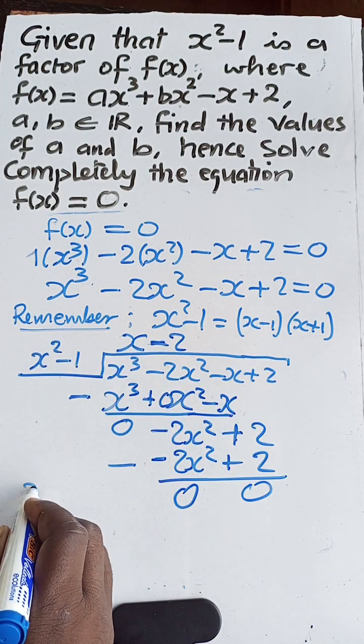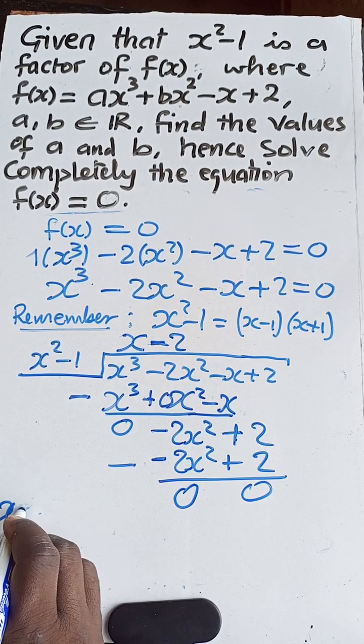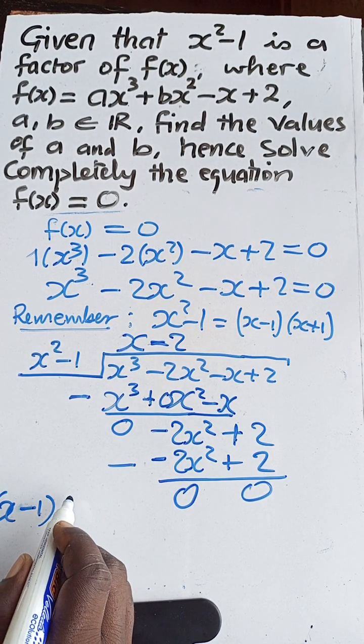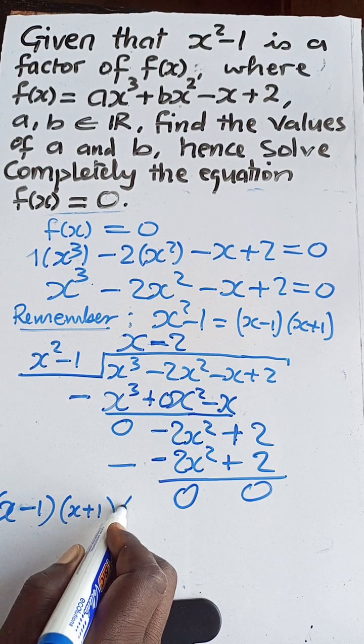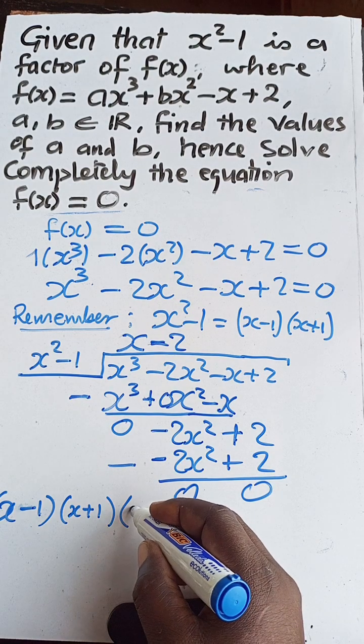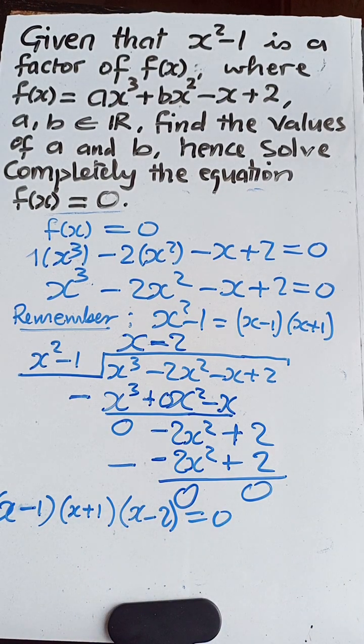So we're going to write x minus 1 into x plus 1 into x minus 2 to give us 0. Okay?